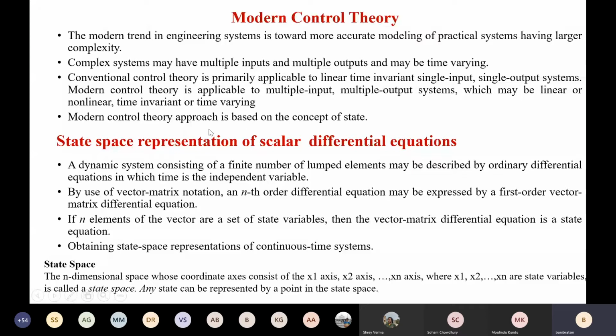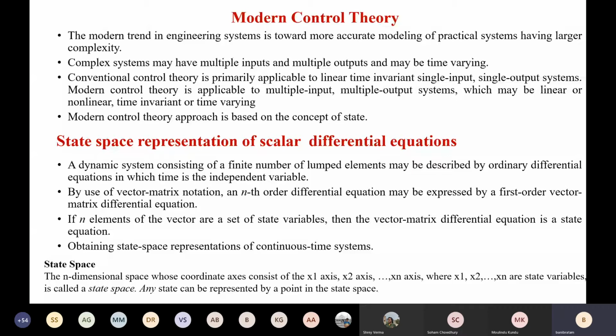Okay, now we will try to understand what this state space representation is. Basically, a dynamic system consisting of a finite number of lumped elements may be described by ordinary differential equations in which time is the independent variable. What we have seen earlier is that we have different types of systems like first order and second order.